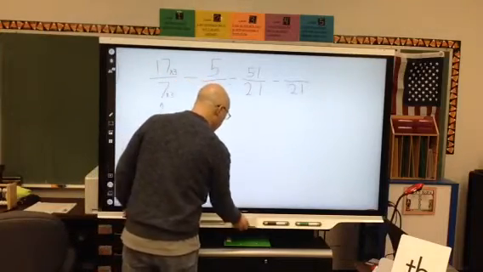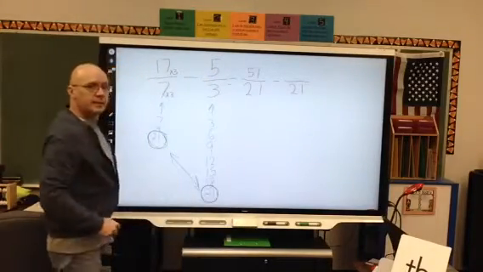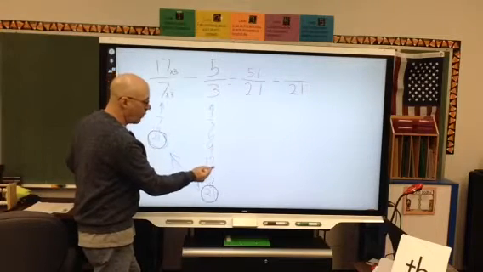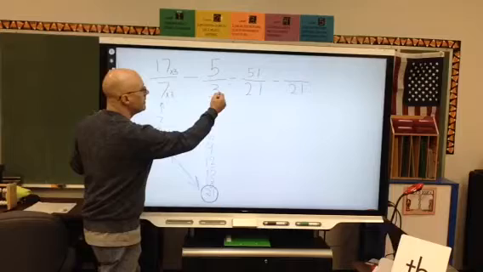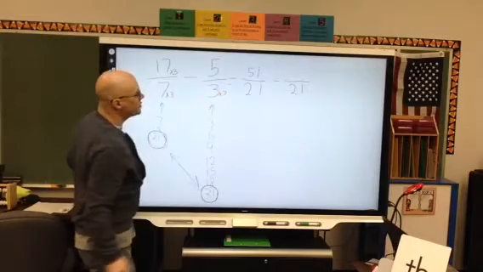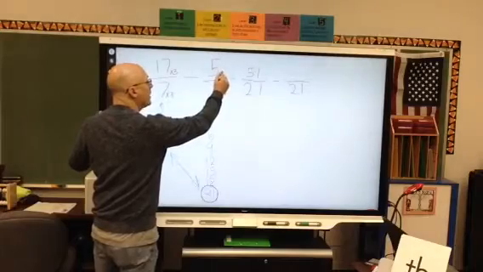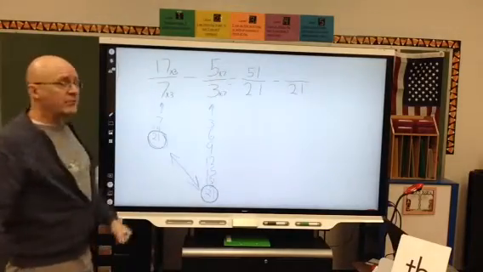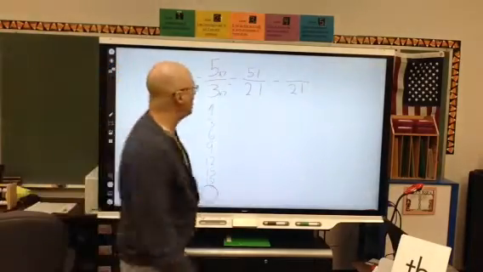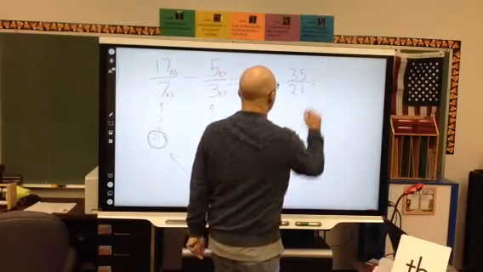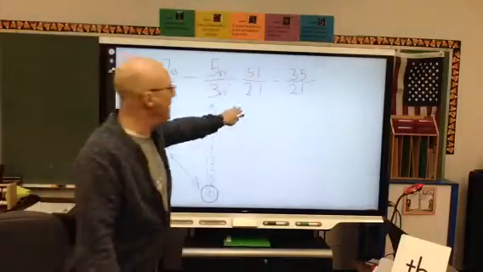Now, what did I do to this 3 to make it 21? I times it by 1, 2, 3, 4, 5, 6, 7. 3 times 7 is 21. So I must also multiply the numerator by 7. 5 times 7 is 35. Now I've got a denominator of 21.